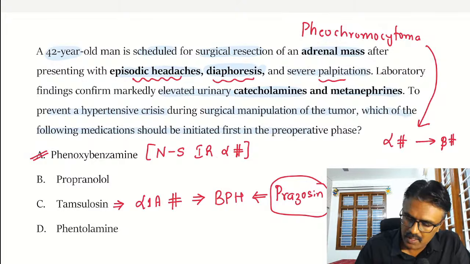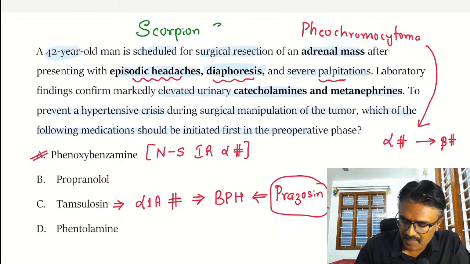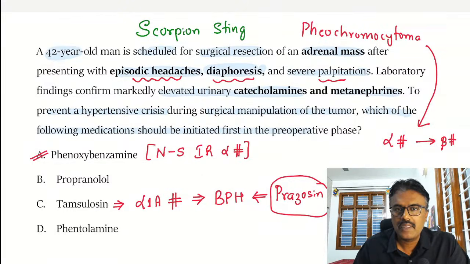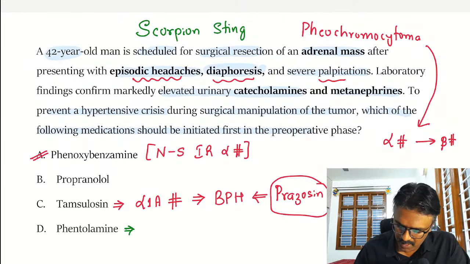Now can you tell me in this discussion section, what is the drug of choice for scorpion sting? So put it in the comment section. What is the drug of choice for scorpion sting? Now we have another drug called phentolamine. It is also a non-selective but reversible alpha blocker.